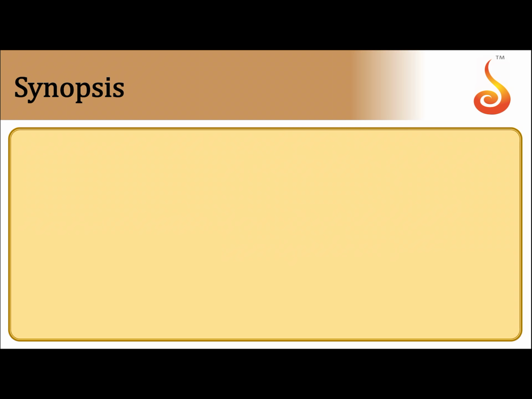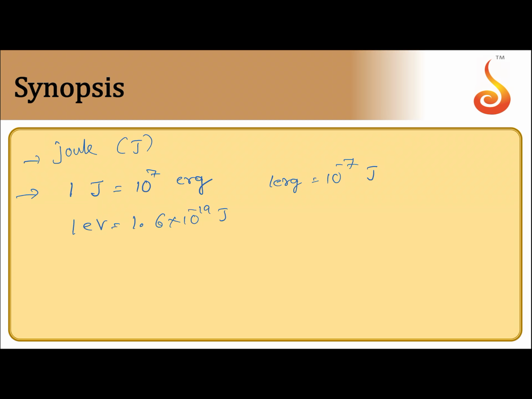You know that the SI unit of work is the joule, represented by uppercase J, and a couple of important conversions should be kept in mind. 1 joule is equal to 10 to the power of 7 erg, one of the very important conversion factors, and 1 erg is therefore 10 to the power of minus 7 joules. 1 electron volt is equal to 1.6 into 10 to the power of minus 19 joules, and 1 joule is equal to 6.25 into 10 to the power of 18 electron volts.